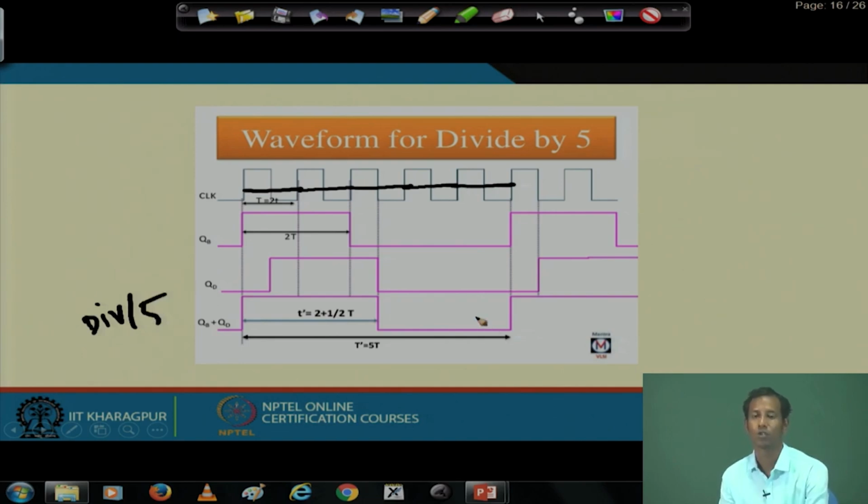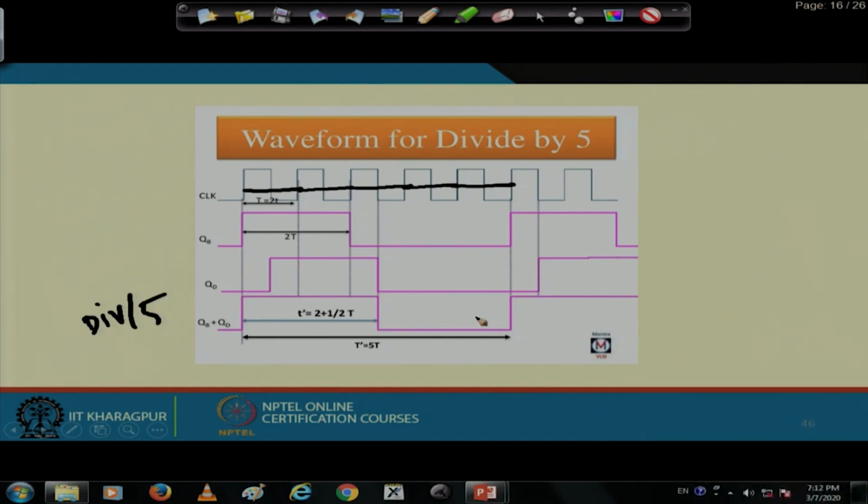Okay. So, now this is the technique for designing the clock divider circuit for any value not in the power of 2, by 3 or by 5, by 6, by 7, by 9.